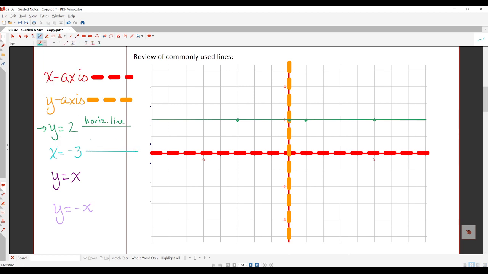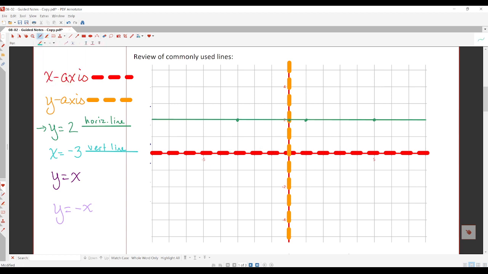All right? X equals 3, for the same reason, is a vertical line. So here now are all the points that have x coordinates of -3. So let's plot some. X, oops, we've got to get the right color.